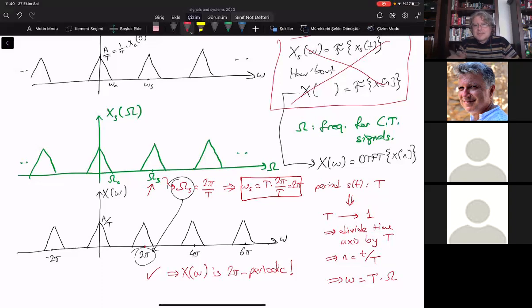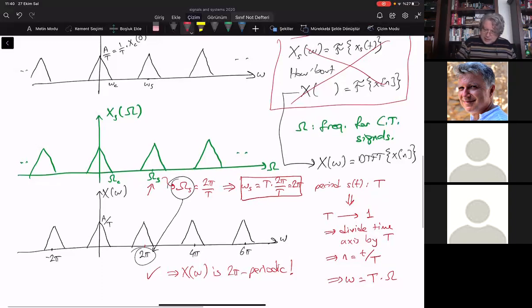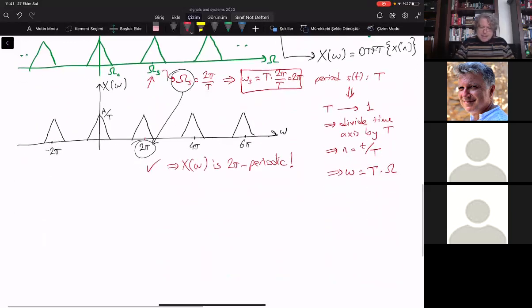We did the same thing in 2 ways. So it's correct. X of omega is this. But how do we write it? What's the relation between this x of omega, how can I write it in terms of x sub t of omega?